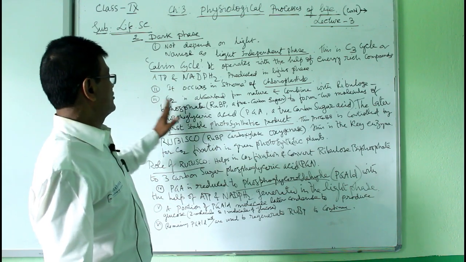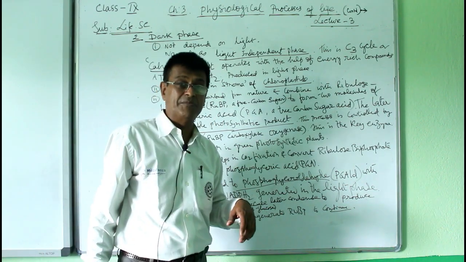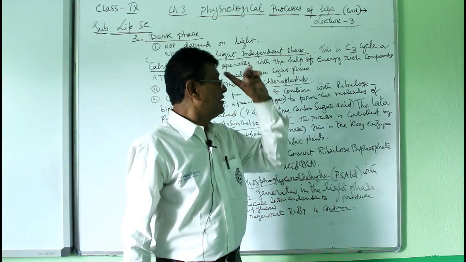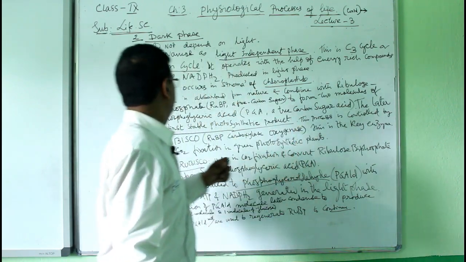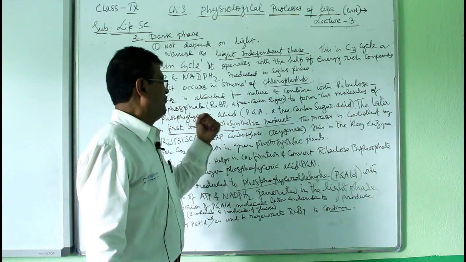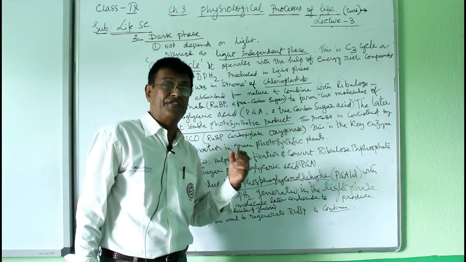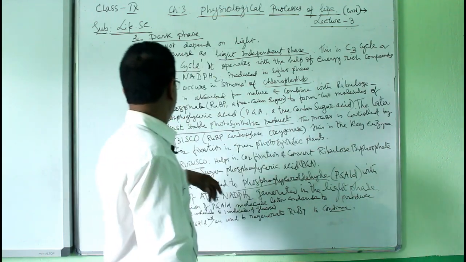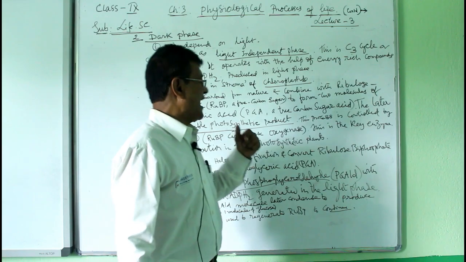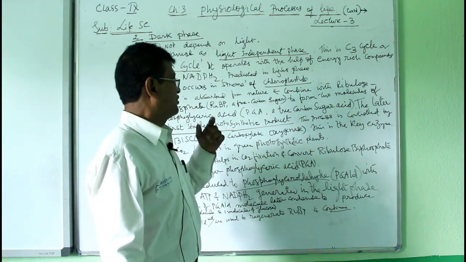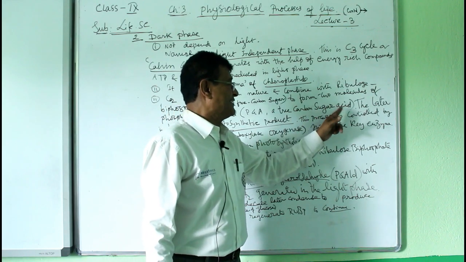Carbon dioxide is absorbed from nature by the plants, as you know, and combined with ribulose biphosphate or RUBP, a 5-carbon sugar, to form 2 molecules of phosphoglyceric acid, termed PGA, a 3-carbon acid.